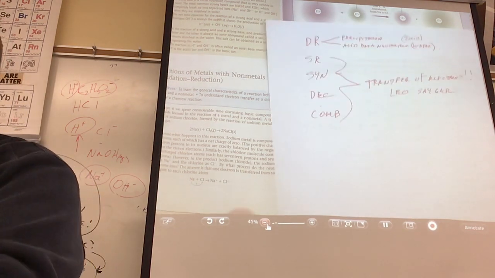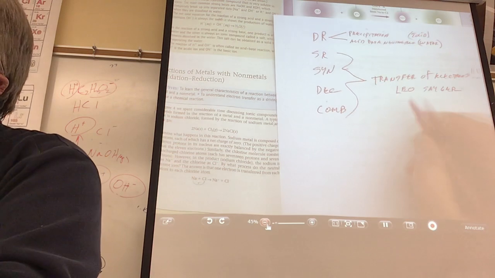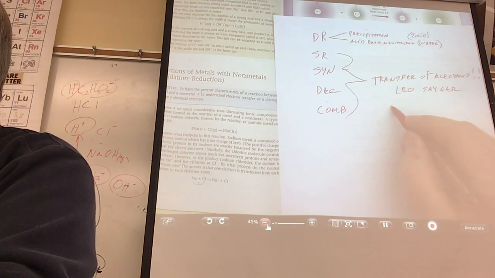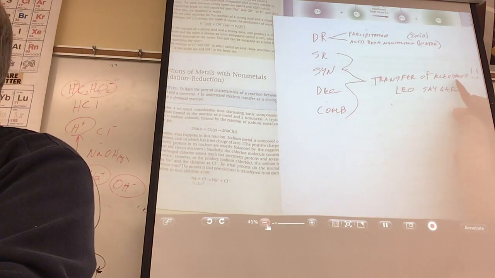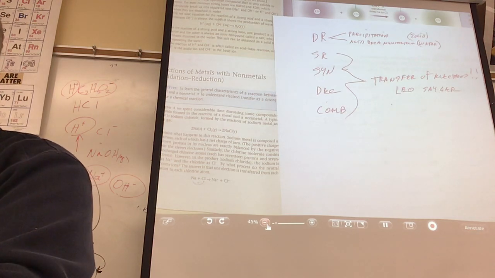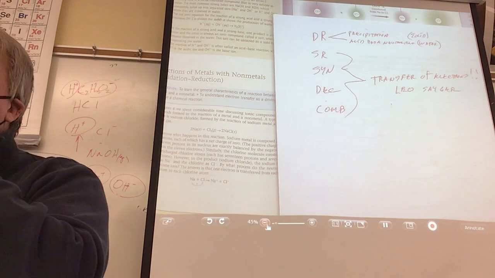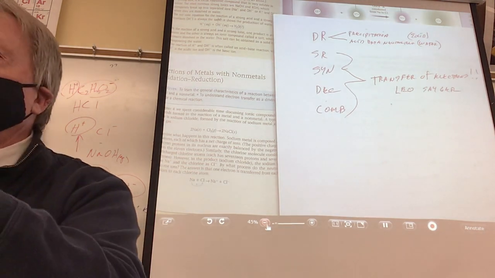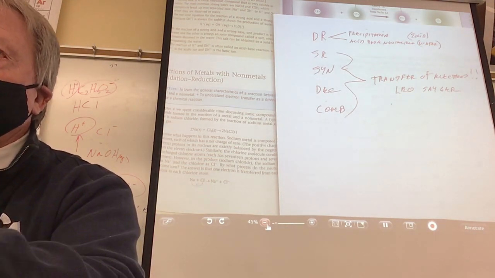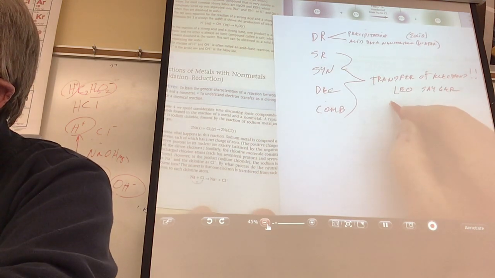Now, I'm going to show you this little memory trick. When you have a transfer of electrons, somebody has to lose electrons and somebody has to gain them. You cannot have something losing electrons unless another chemical is there to gain them. So we have LEO, ready?